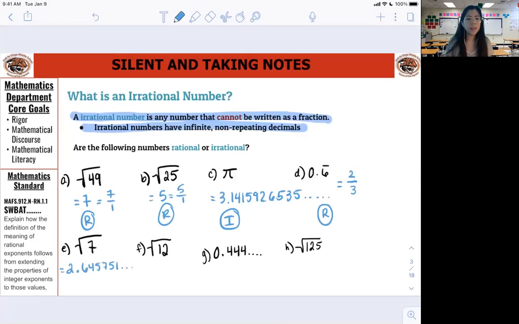That number is non-repeating and it continues on forever. Now, again, your phone is going to cut it off at a certain point because there's just no more room on the screen. But in reality, this is continuing on and on forever. And that makes it irrational. How about the square root of 12?